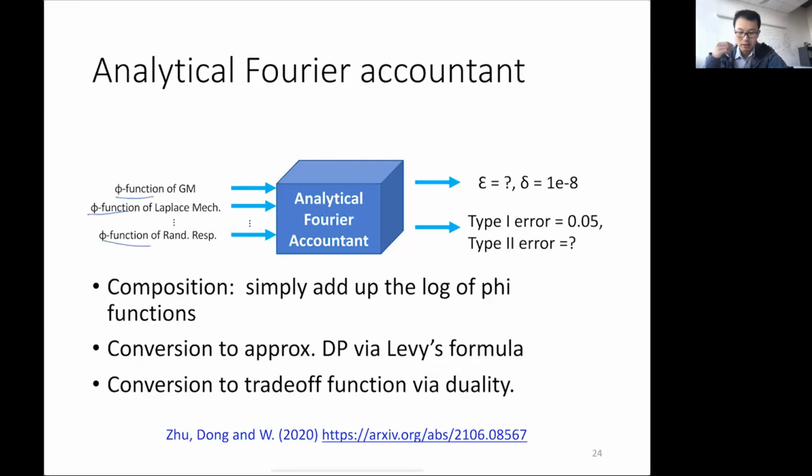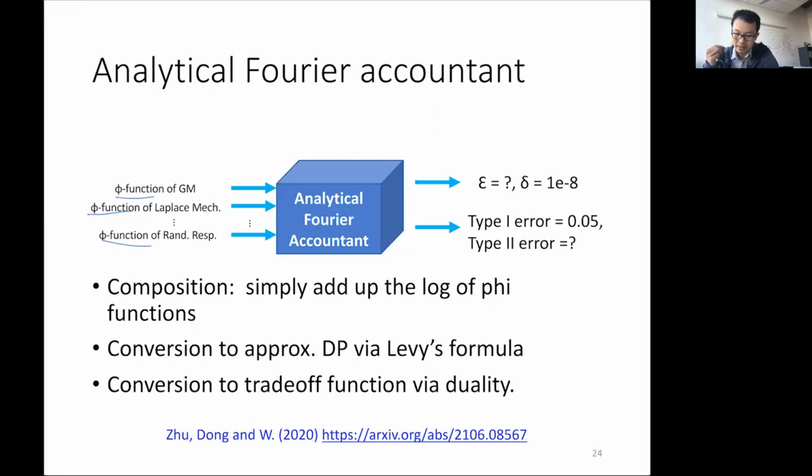These are symbolic functions, and when we compose them, we simply add the log of these phi functions symbolically as well, in both the log of the magnitude and the phase parameter of these imaginary-valued functions.